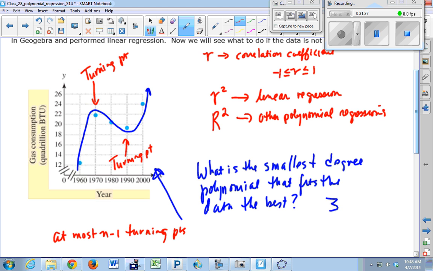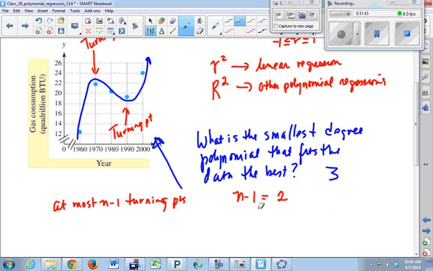So if n minus 1 equals 2, if we have 2 turning points, and you add 1 to both sides, you get n, which is your degree, has to be 3. That's the smallest it could be. It might be a 4th degree, it might be a higher degree, but that's the smallest it could be.